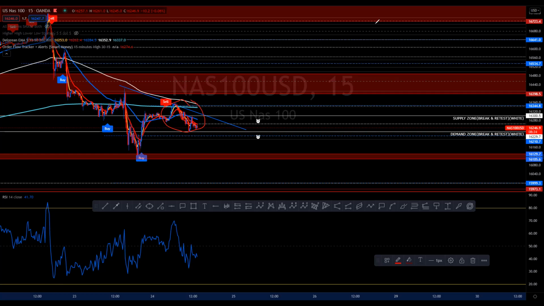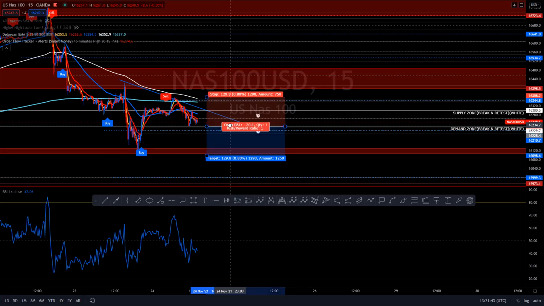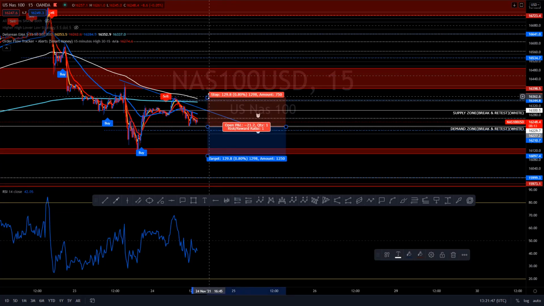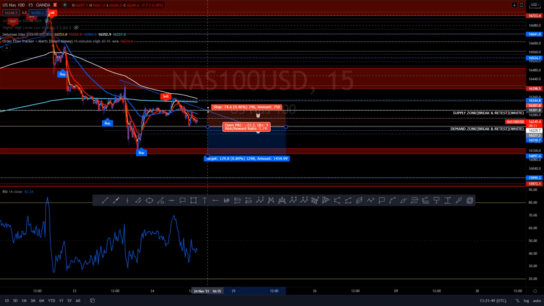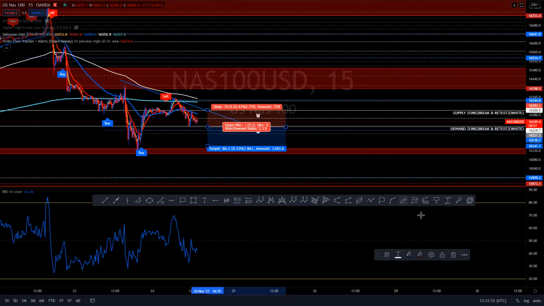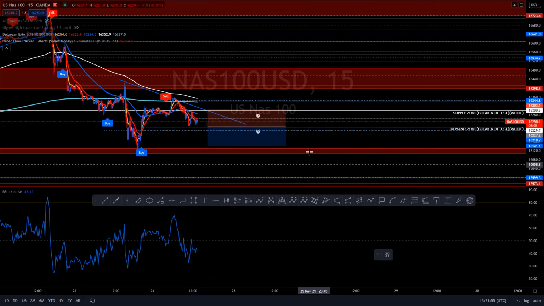So now that we have that on, I'm going to go ahead and put my risk to reward trades out. Okay. And so then what I want to do is set my take profit zones.